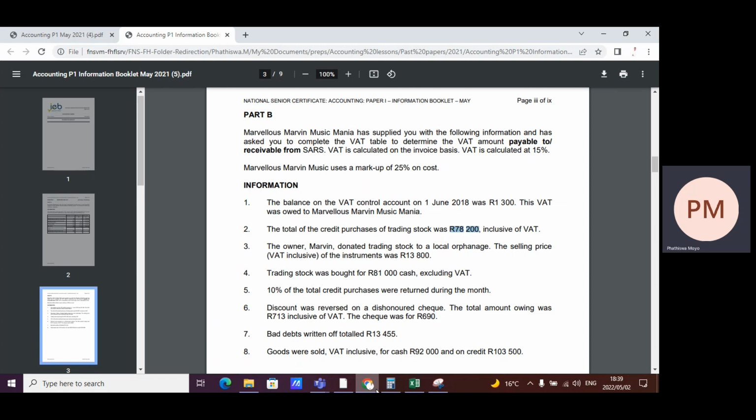The owner donated trading stock to a local orphanage. The selling price, VAT inclusive, of the instruments was 13,800. Let's see. So this is donations.